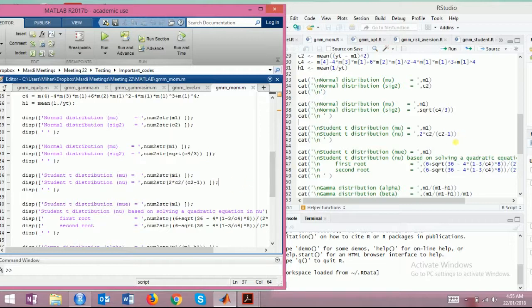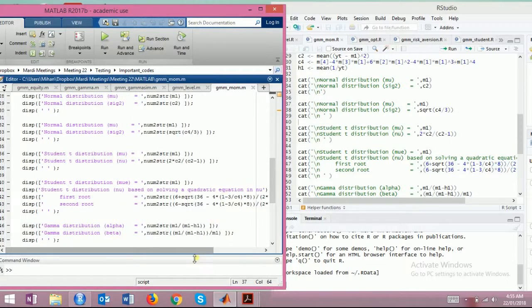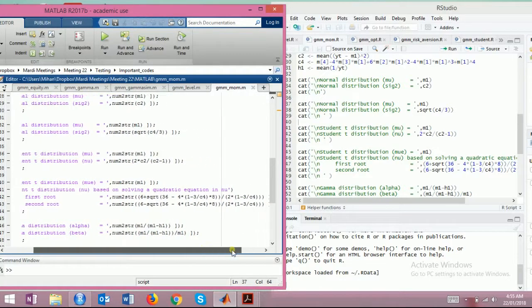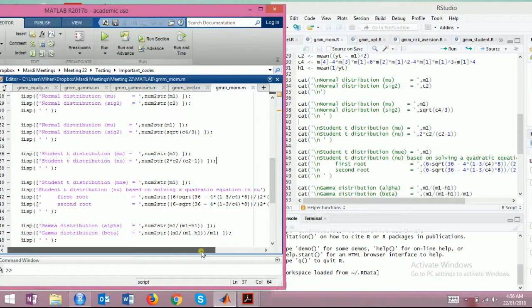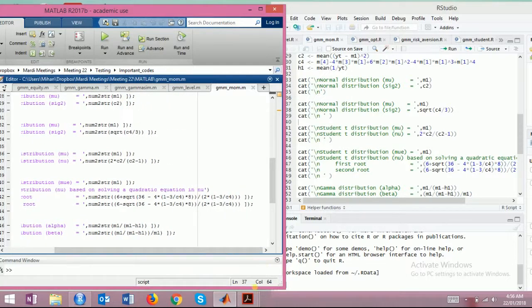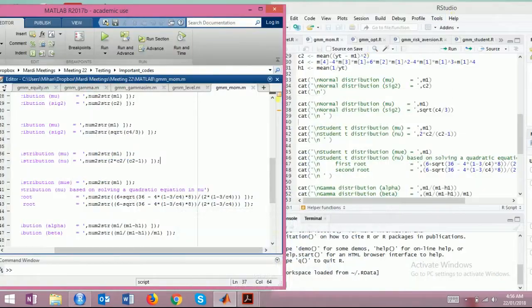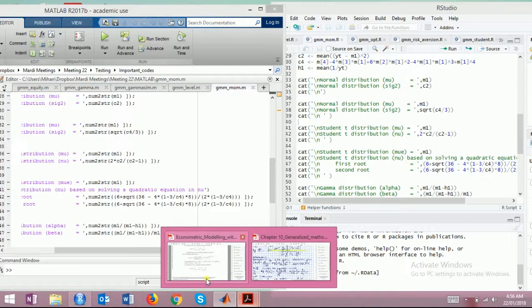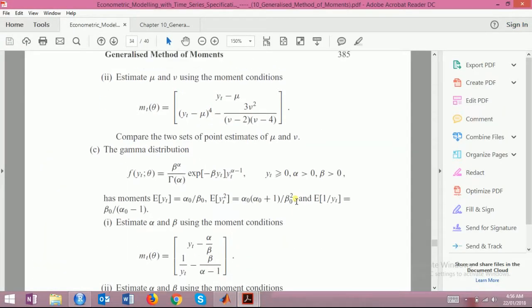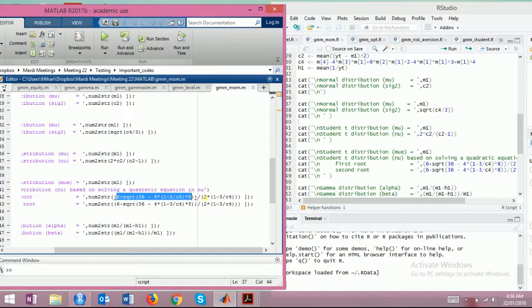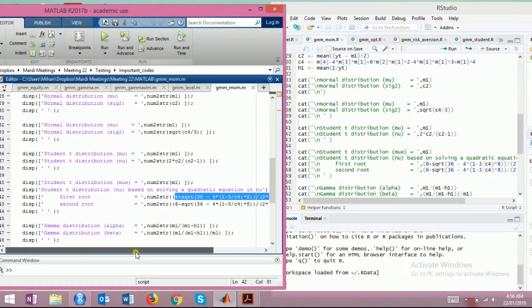We estimate nu's value. Then t distribution mu and t distribution nu are based on solving a quadratic equation in nu. After we solve the quadratic equation for nu, we get the first root and the second root. In this problem, 3 nu squared divided by nu minus 2, nu minus 4. This is the whole equation that we need to solve to get these points.